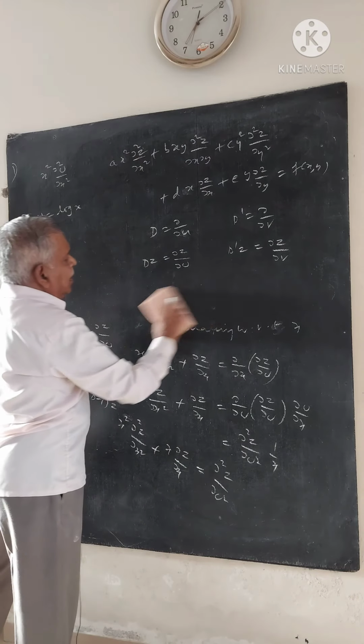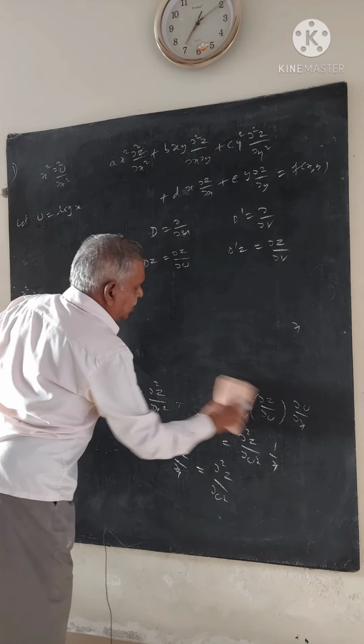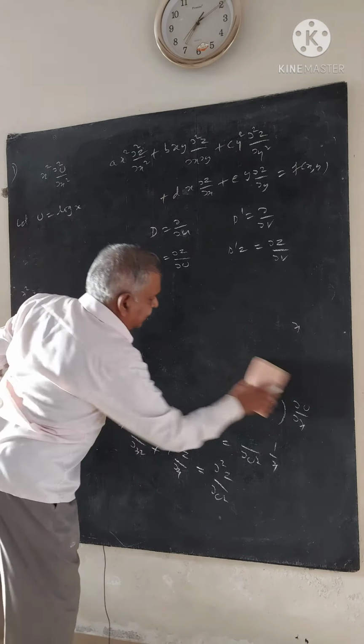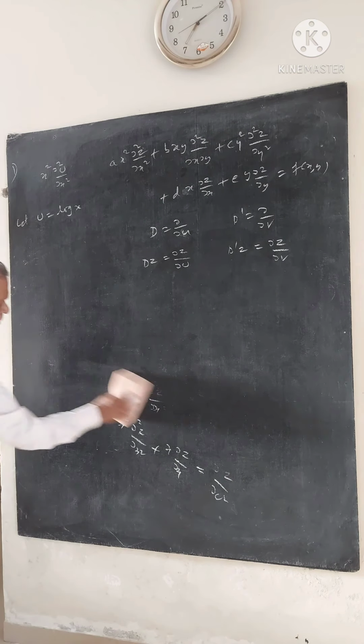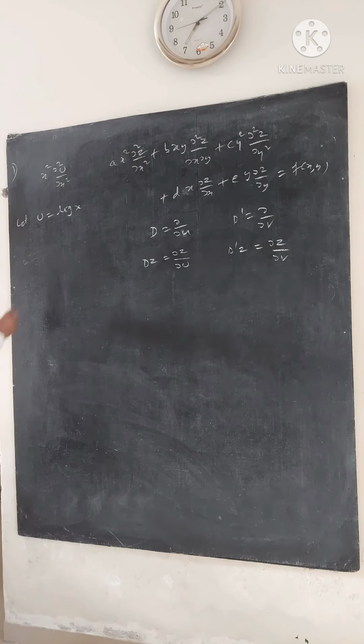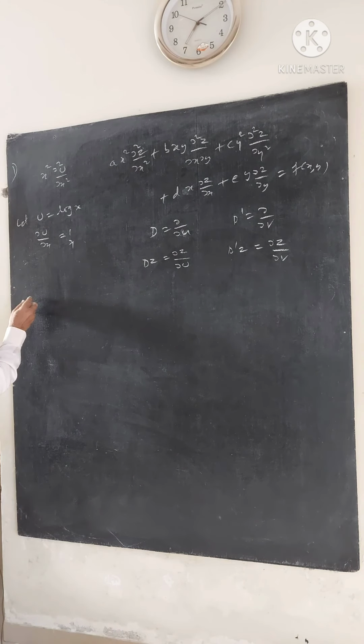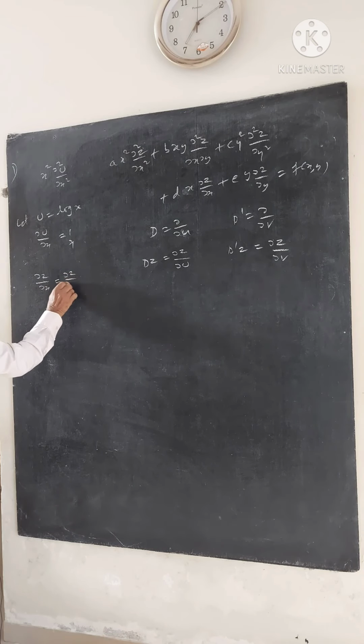Again, we are going to consider the mixed second derivative in x and y. ∂u/∂x equals 1/x. ∂z/∂x equals ∂z/∂u times ∂u/∂x.